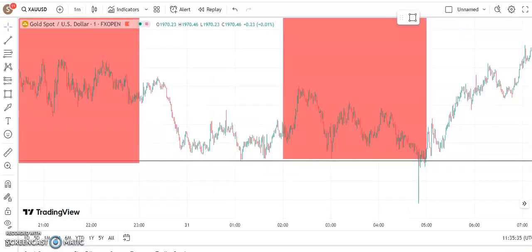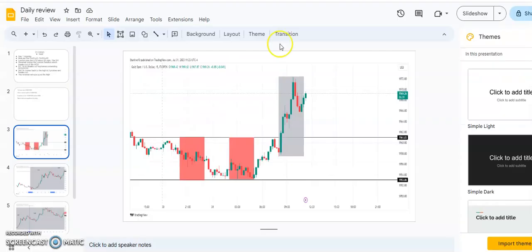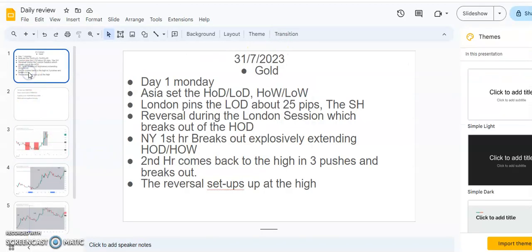So for those who are looking to trade this session, you could have looked for an opportunity for the continuation or the reversal. Now, the New York first hour breaks out explosively, extending the high of the day and the high of the week.